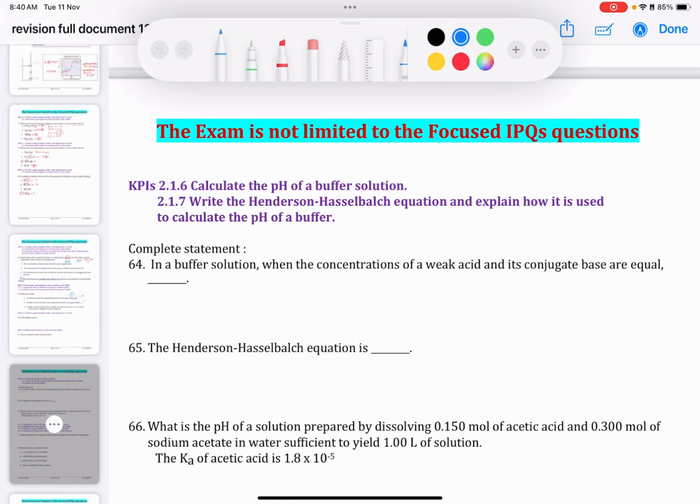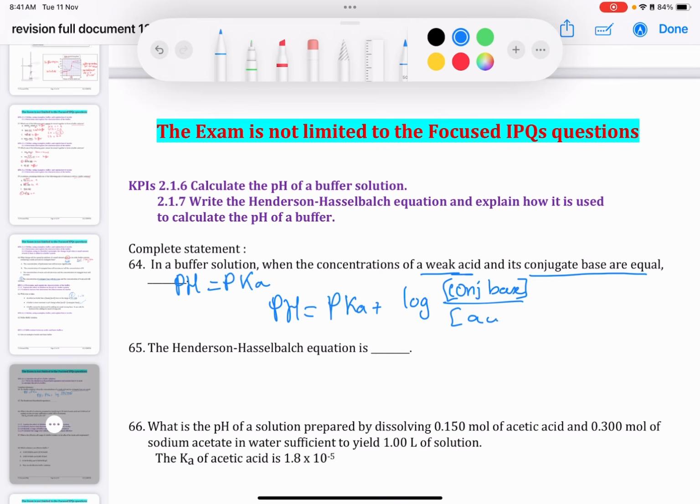The statement: in a buffer solution, when the concentration of a weak acid and its conjugate base are equal. This information is very important. When the weak acid and the conjugate base are equal, at this point, the pH is equal to the pKa. And I'm going to explain why. If we look at the Henderson-Hasselbalch equation, pH equals pKa plus log the conjugate base over the acid.